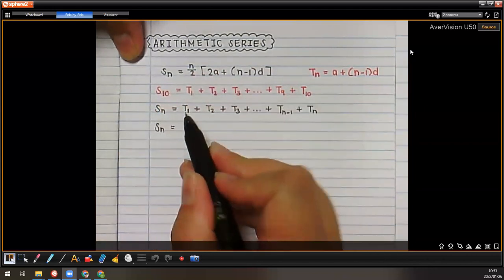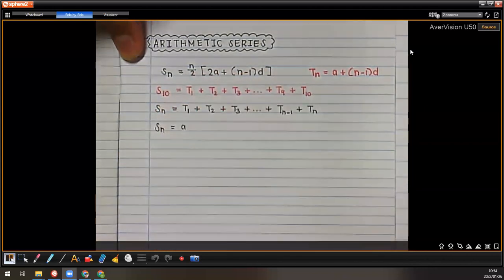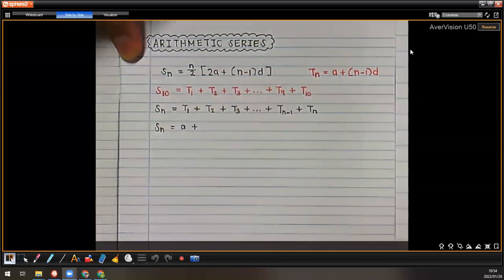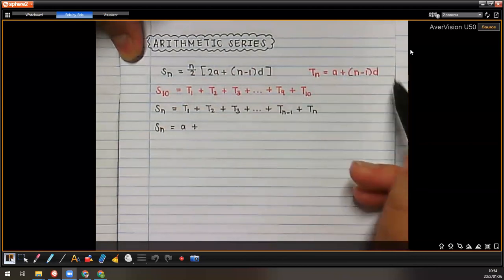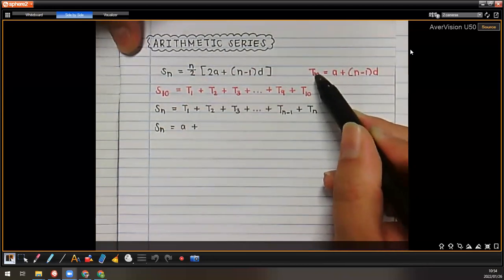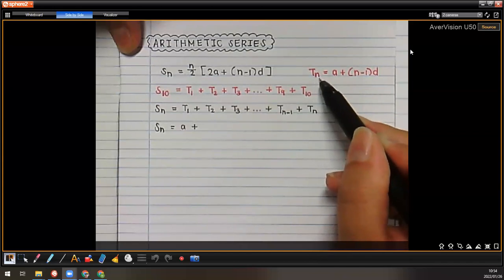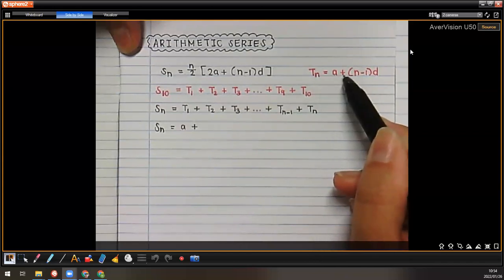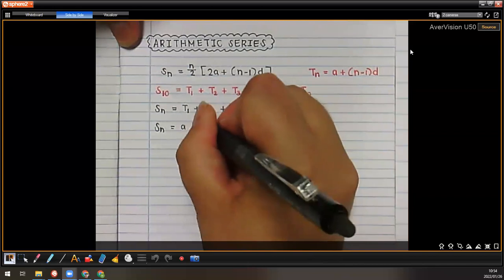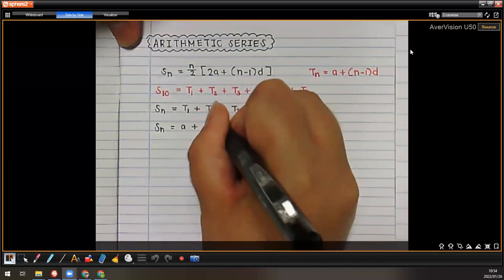Now we would write that as term 1, which we know is actually a, plus term 2. If we are using this formula, term 2 is a plus 2 minus 1 d, because our n value is 2. 2 minus 1 d is just 1 d, so term 2 can be written as a plus d.